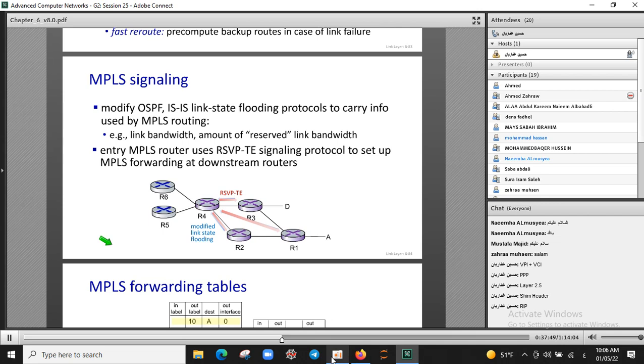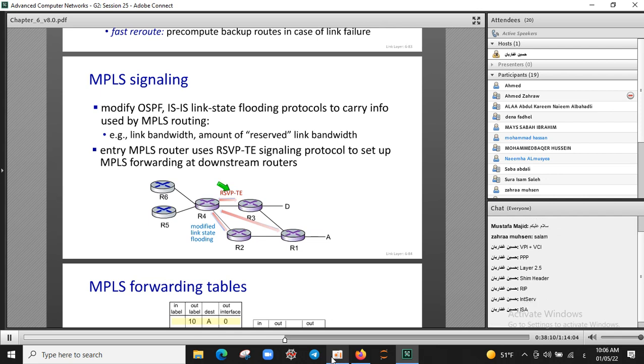We have a protocol, we call it RSVP-TE. TE means traffic engineering. It's a version of RSVP. RSVP is a protocol which is used in IntServ architecture. IntServ or ISA structure was one of the proposed structures for the internet to provide quality of service, but because of its overhead, nobody accepts this structure.